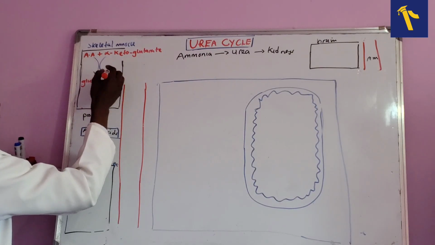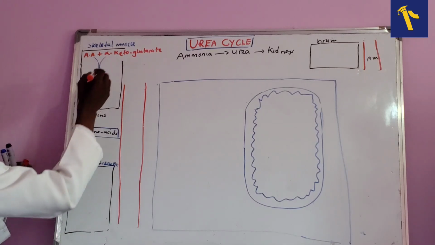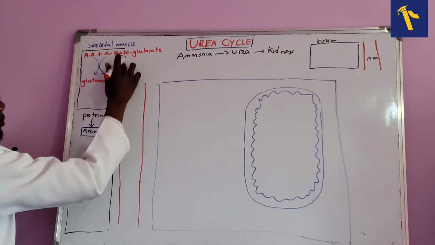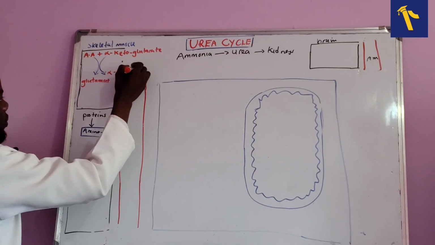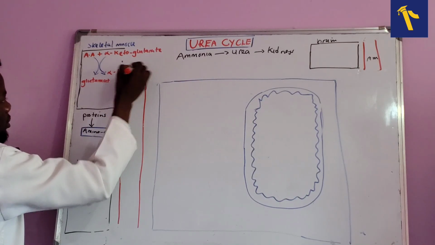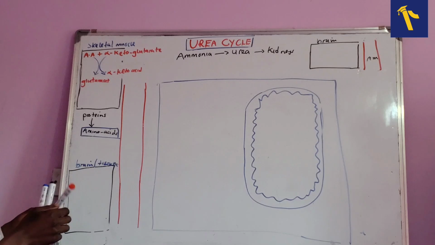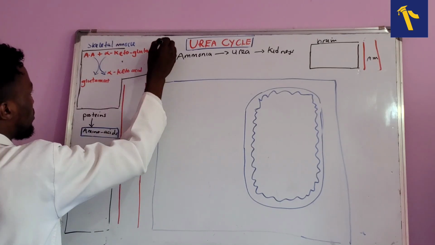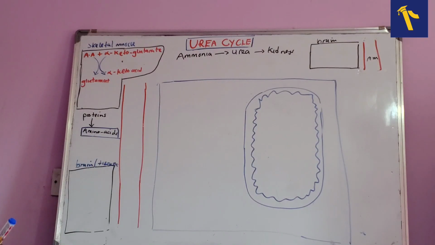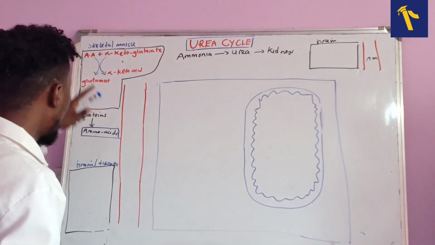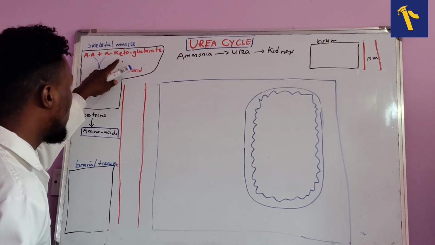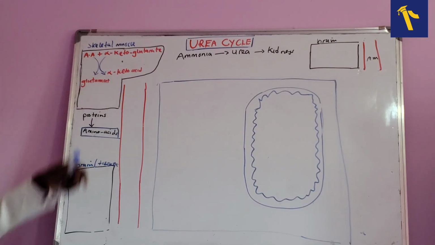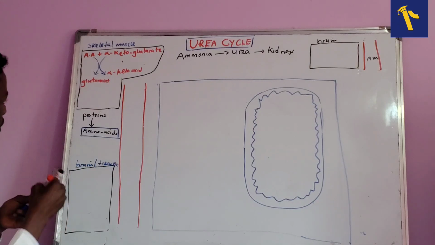And the other one, I'm going to abbreviate, is the alpha keto acid. Again, this amino acid is going to combine with the alpha ketoglutarate to produce glutamate and alpha keto acid.